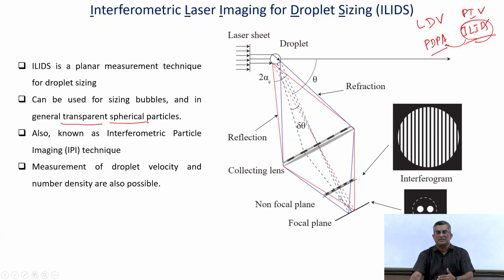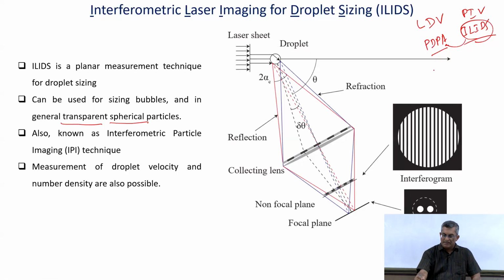If we deliberately defocus, unlike all the other optical techniques we have discussed till now, which are all focused techniques where you always try to focus the image, then you get a fringe pattern like this. Why? Because the reflected and the refracted ray interfere to produce the fringe pattern.